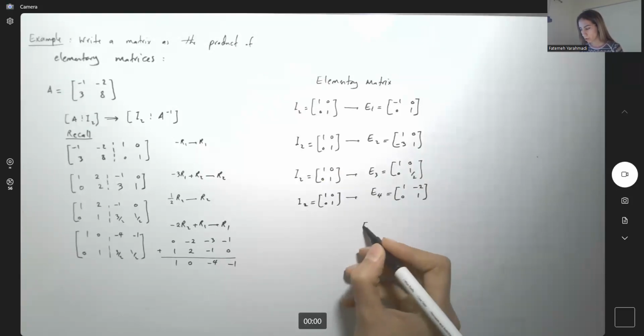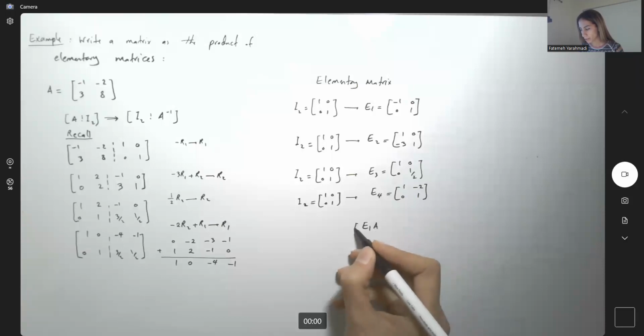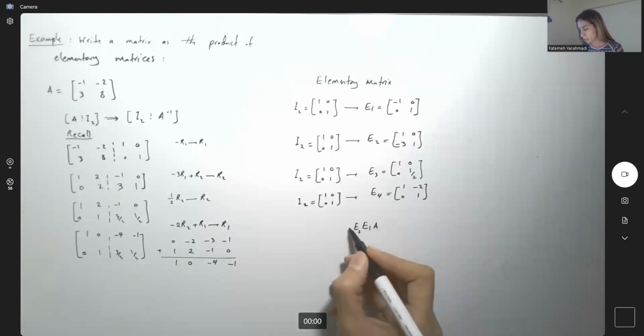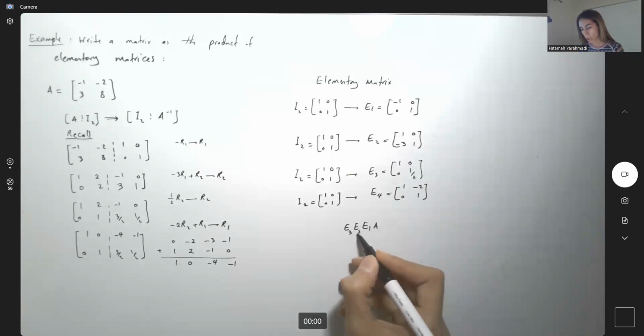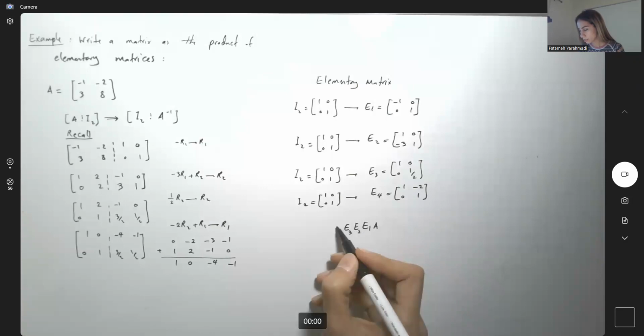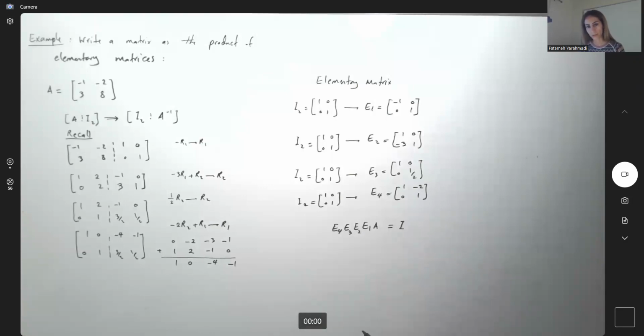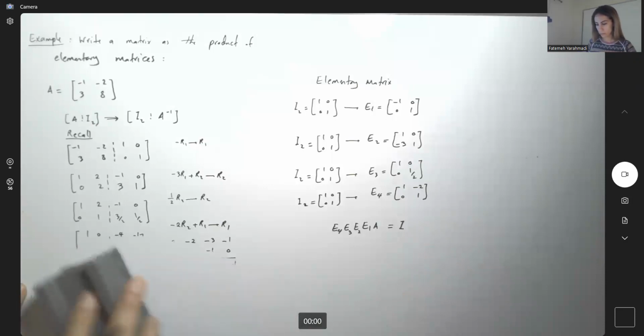So E4 times E3 times E2 times E1 times A generates I for us. Don't believe me? Take a look.